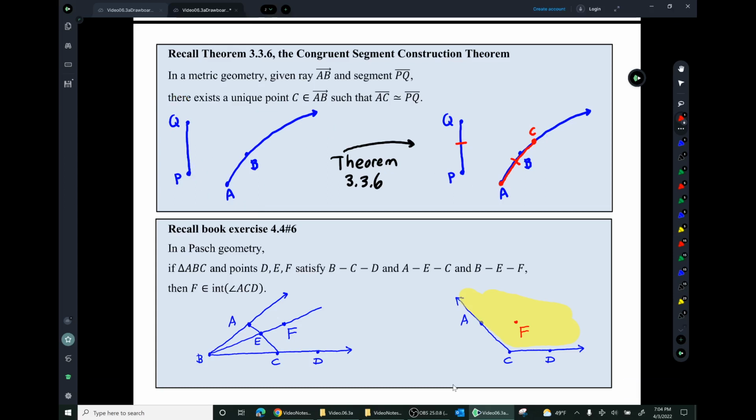From section 4.4 of the book, we'll be using the result of a book exercise. It was a fairly quirky result having to do with plane separation and interiors of angles.